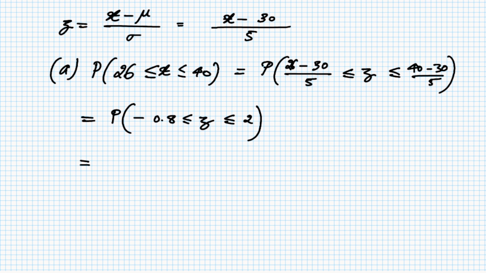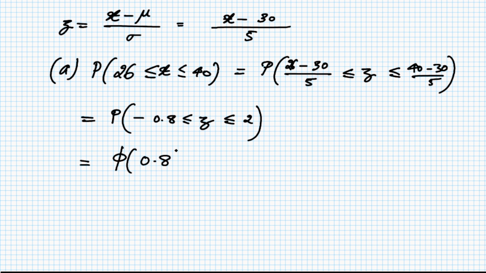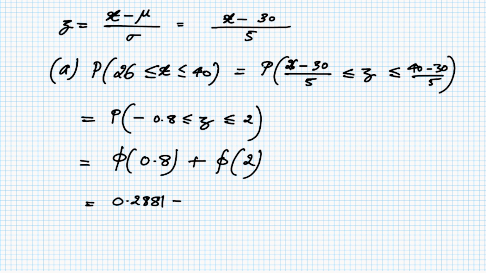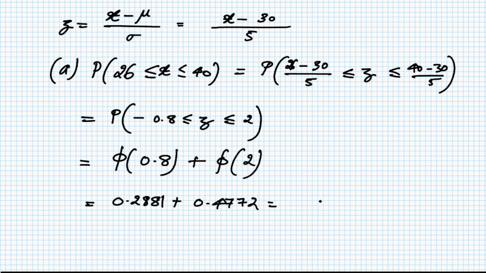So first the phi value of 0.8 will be calculated from the table, to which you add phi of 2, correct? I think you will get 0.2881 from the table plus 0.4772, that gives you 0.7653.